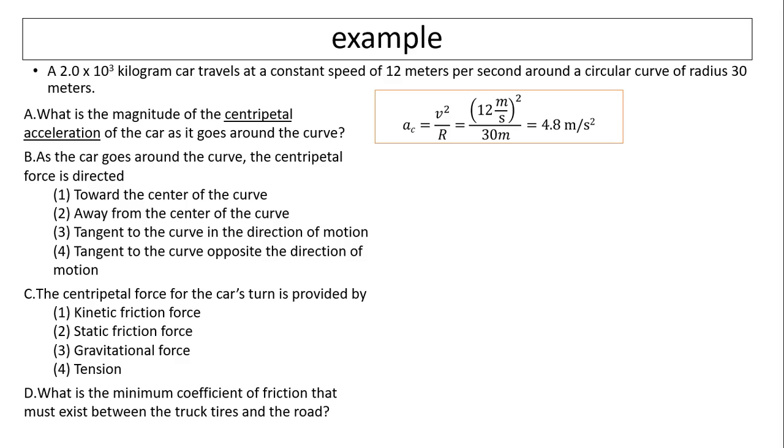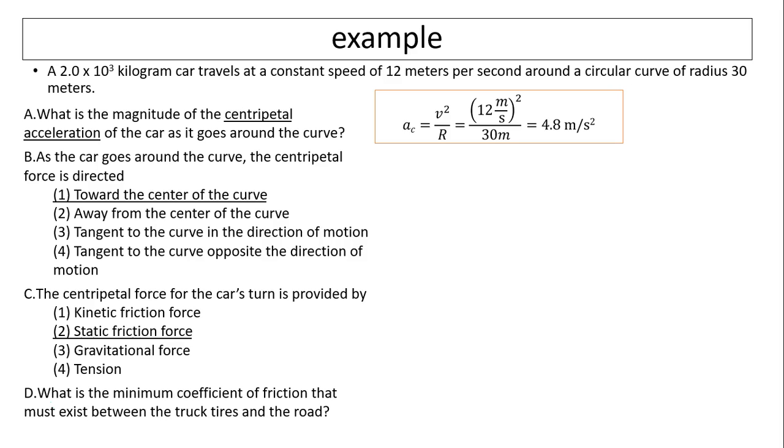Next, as the car goes around the curve, the centripetal force is directed always toward the center because this is circular motion. Centripetal means center seeking, so toward the center of the curve. The centripetal force of the car is provided by static friction. Again, static because the car is not moving toward the center.